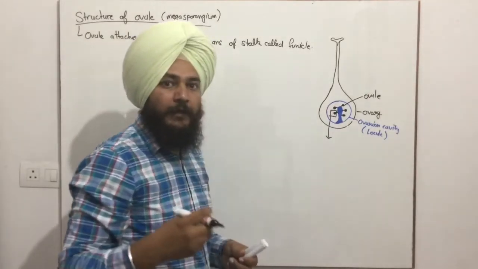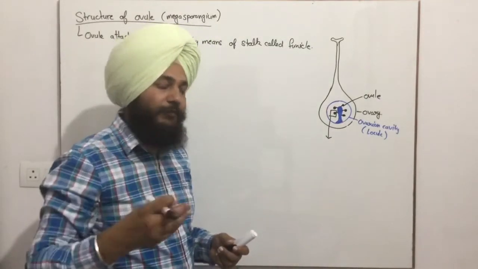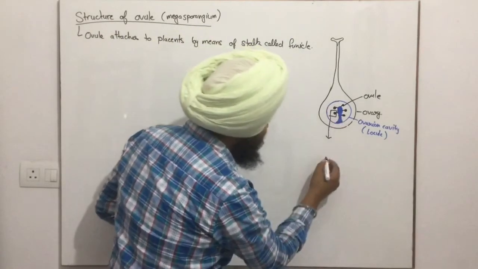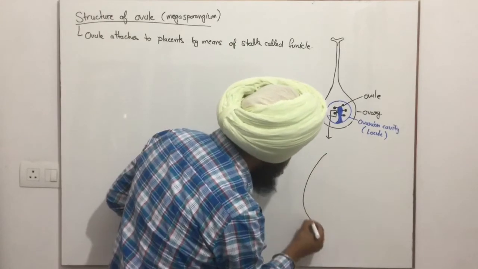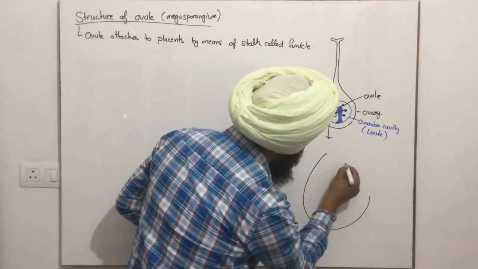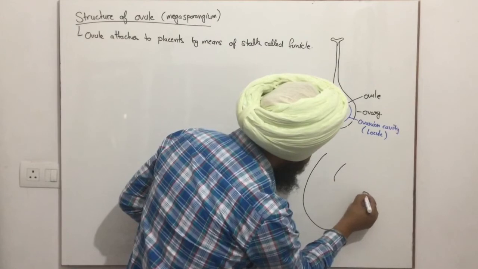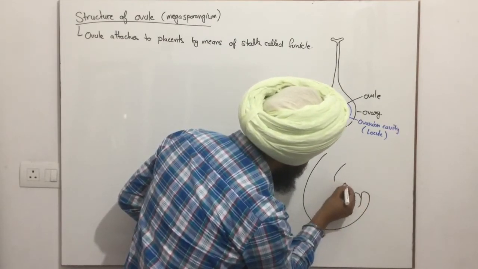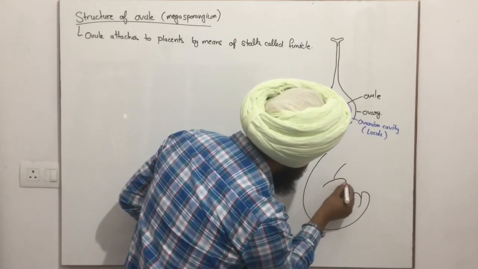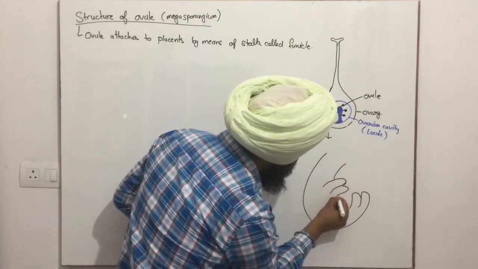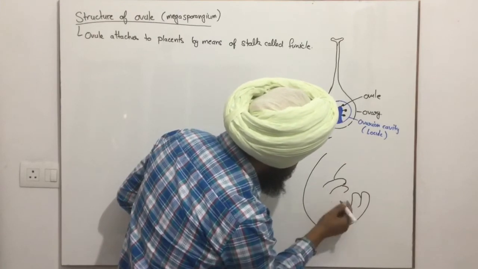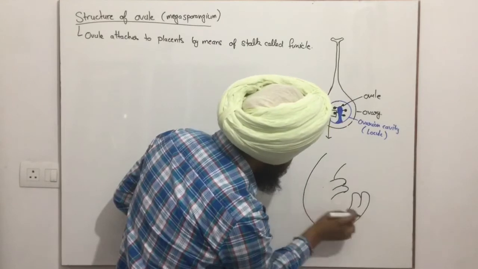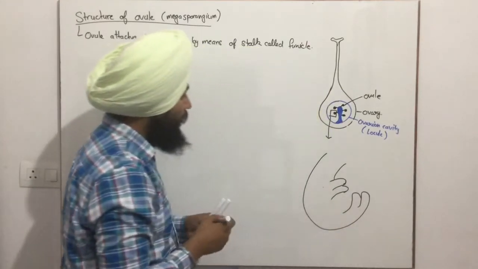Here we will draw the structure. First we will draw the structure of the ovule, and then we will discuss its parts one by one. So this is the ovule and we will draw it like this.